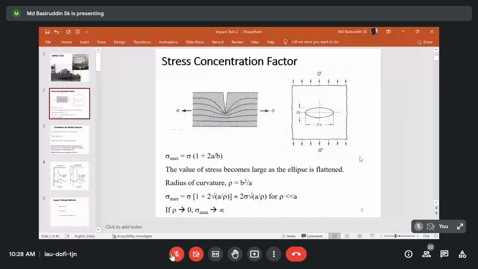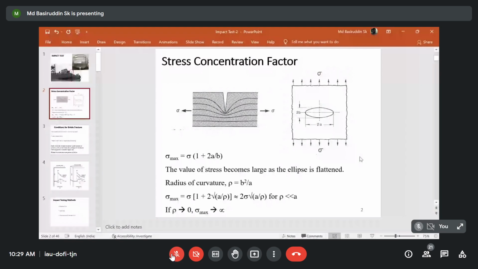If you know the concept of stress concentration factor, then you will understand that though you have static loading inside the pressure vessel, and the load is insufficient to break the material, but you have that crack, then at the notch of the crack, or in front of the crack, that particular load will increase significantly.